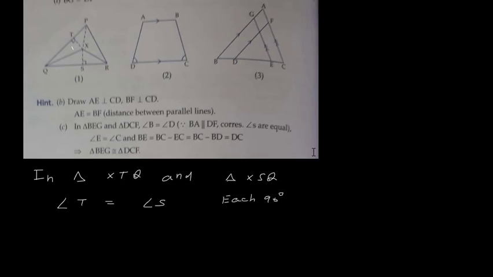Then we have angle TQX is equal to angle SQX. Reason we will say that QX is the angle bisector of angle Q.